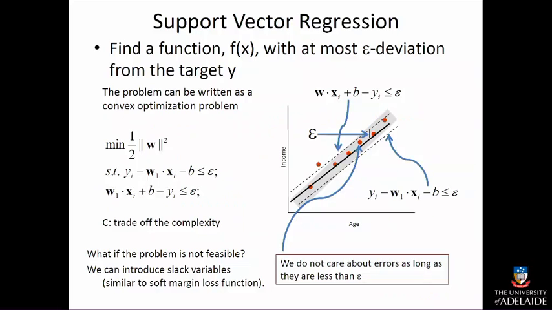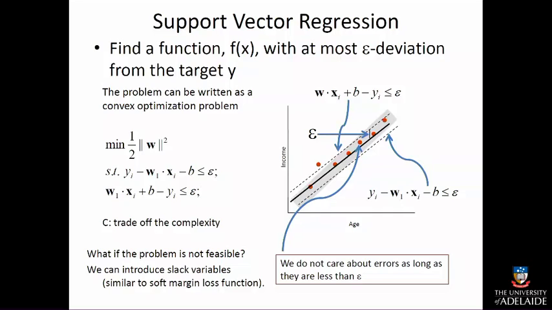So now, the second technique we want to talk about is support vector regression. And this is very similar to support vector classification. When we studied the support vector machine for classification, we started from the so-called hard margin case.